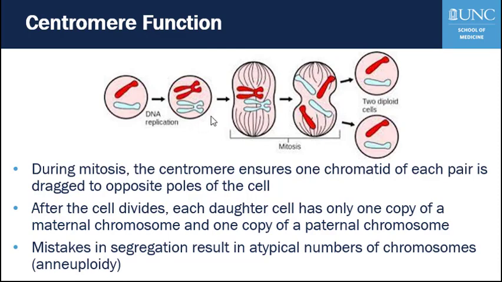So in a human somatic cell prior to DNA replication, so in this stage, we would have 46 chromosomes and 46 chromatids. Then after DNA replication, we would have 46 chromosomes still, but 92 chromatids.